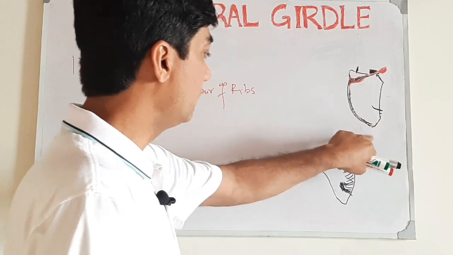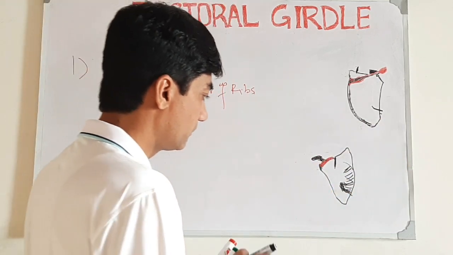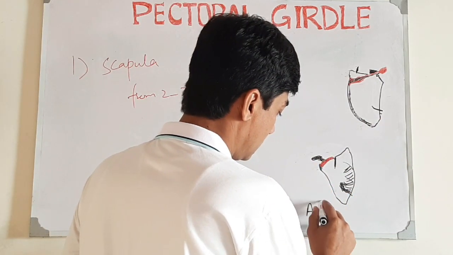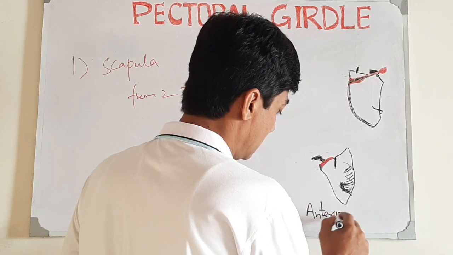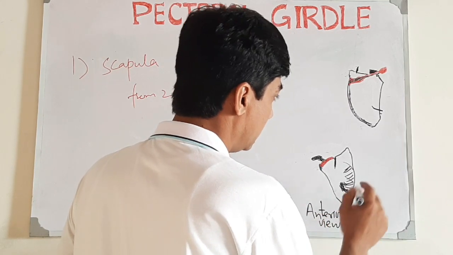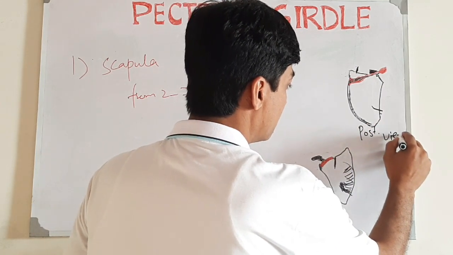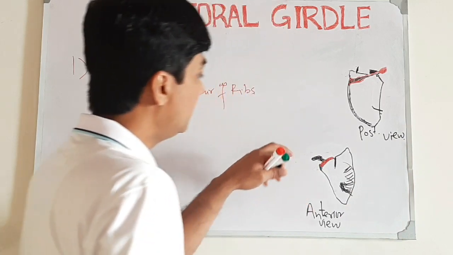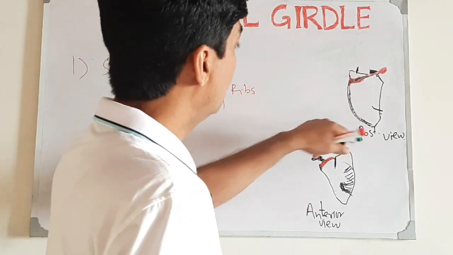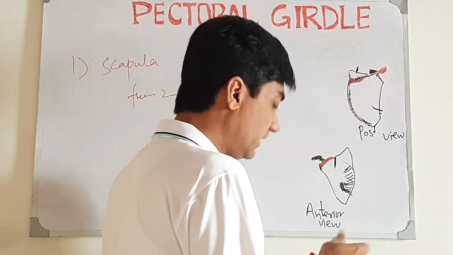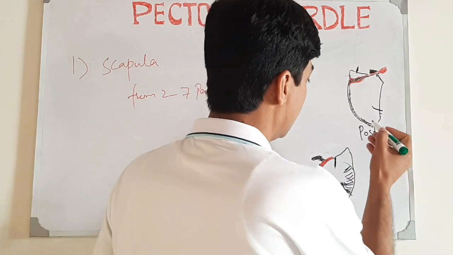This is the posterior view, and this is the anterior view. Since it is a triangular shape, it has basically three angles.